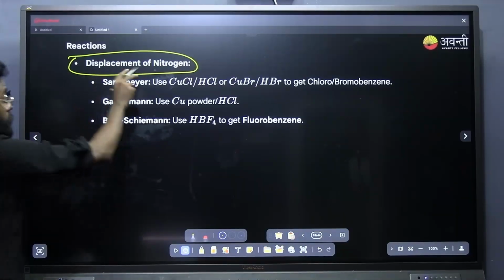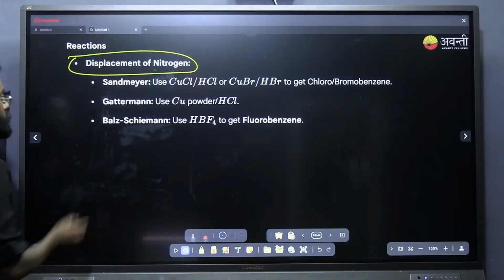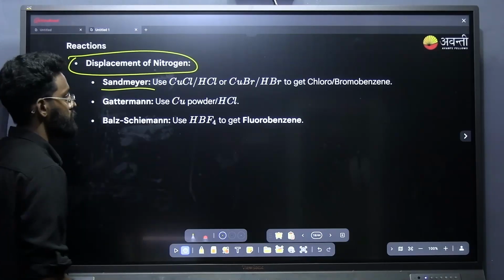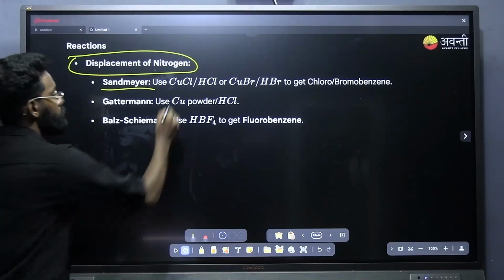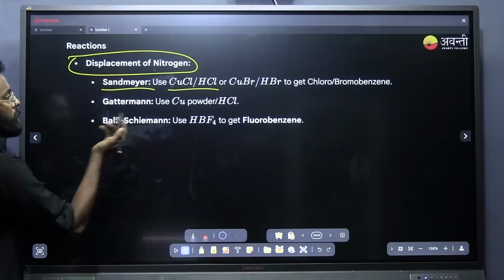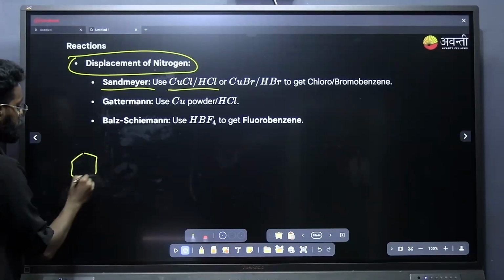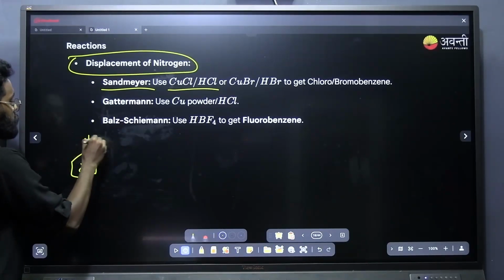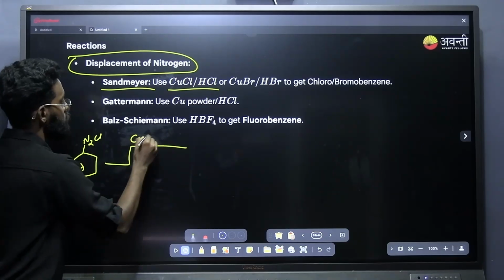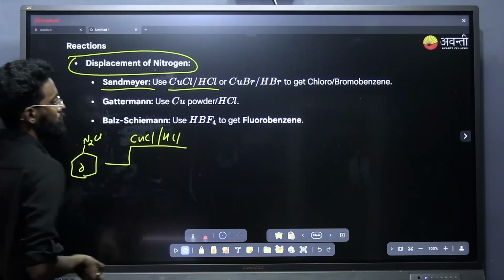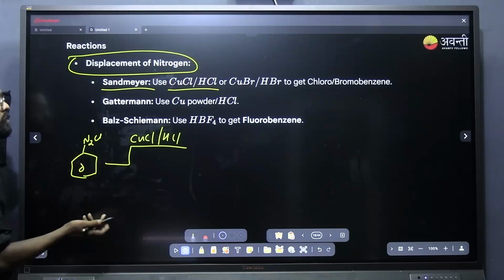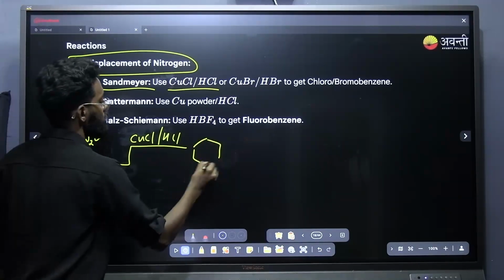First one is displacement of nitrogen. First, the Sandmeyer reaction, which uses CuCl/HCl. If I am taking benzene diazonium chloride, N2Cl, and using CuCl/HCl, or CuBr/HBr, I will be getting chlorobenzene.